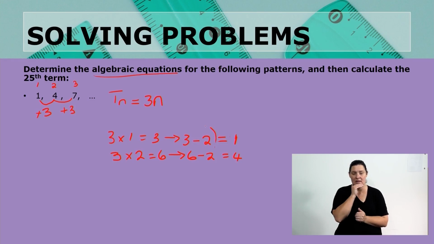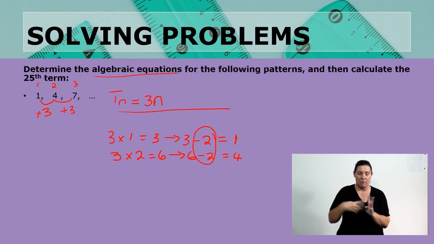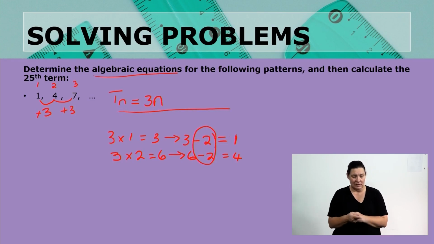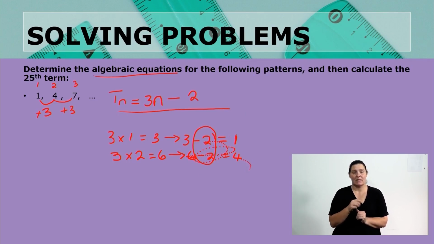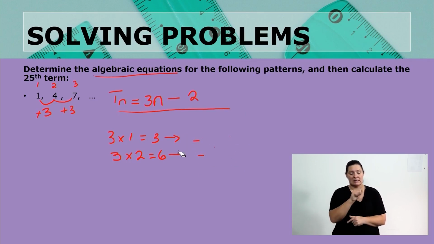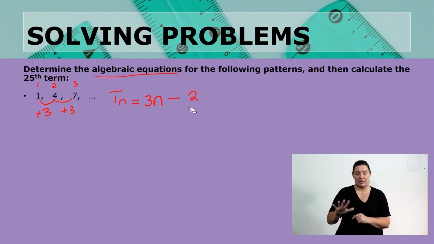So it means that what we are adding or subtracting here to our general formula or our algebraic equation is a minus 2. And that means that is actually our equation, which is Tn is equal to 3n minus 2. From this equation, we need to find the 25th term.